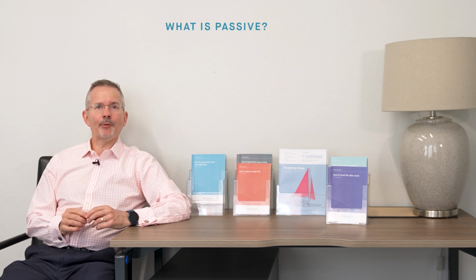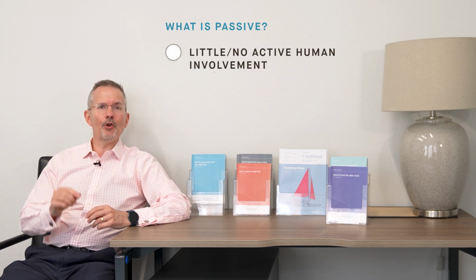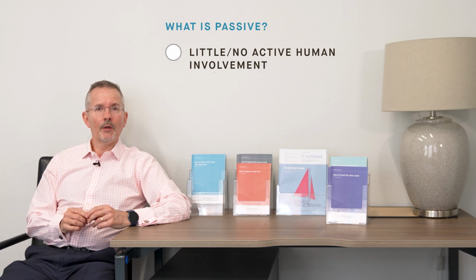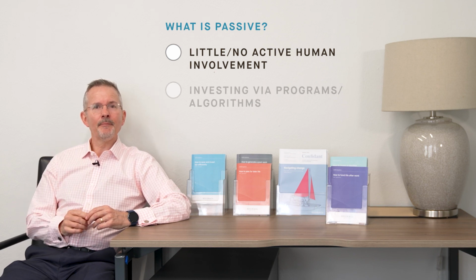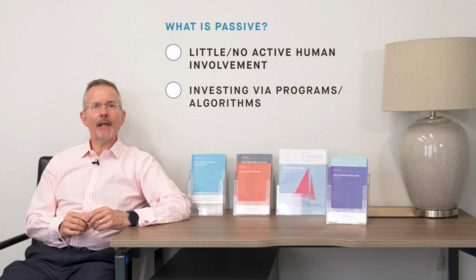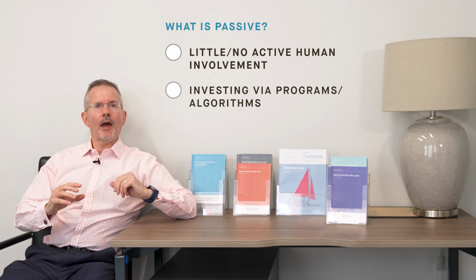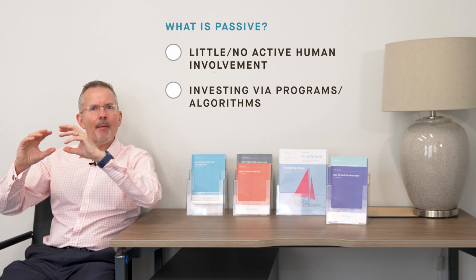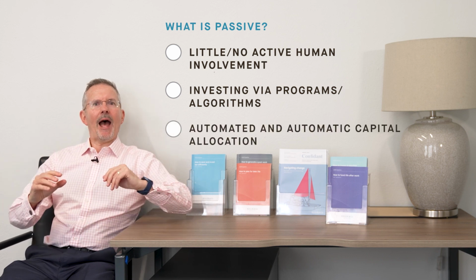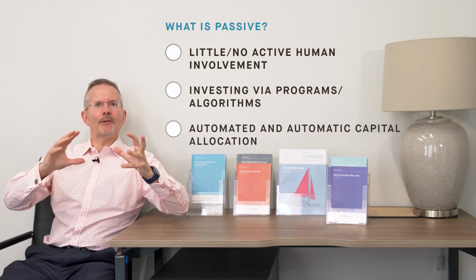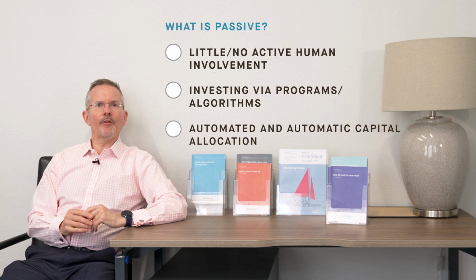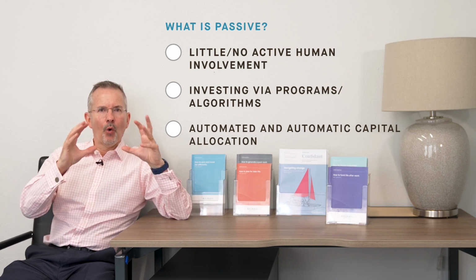Now, passive investment, on the other hand, involves no human interaction at all. It's normally fully automated. It involves algorithmic investing. So all of the decisions about asset allocation, about picking individual securities, about how often to rebalance, buy and sell what's in the portfolio, that is all automated.